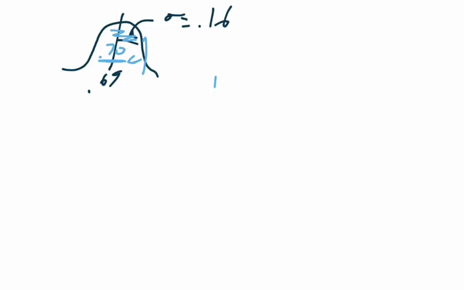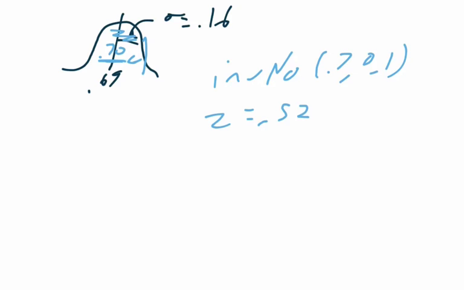And since they give me this percentile, we're going to use inverse norm of 0.7 with a 0 and a 1. Or you look on the table for what is closest to 0.7, and you should get a z-score equaling 0.52.